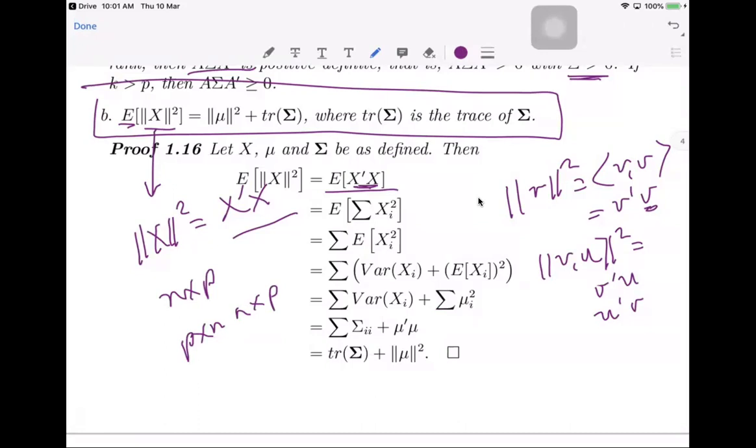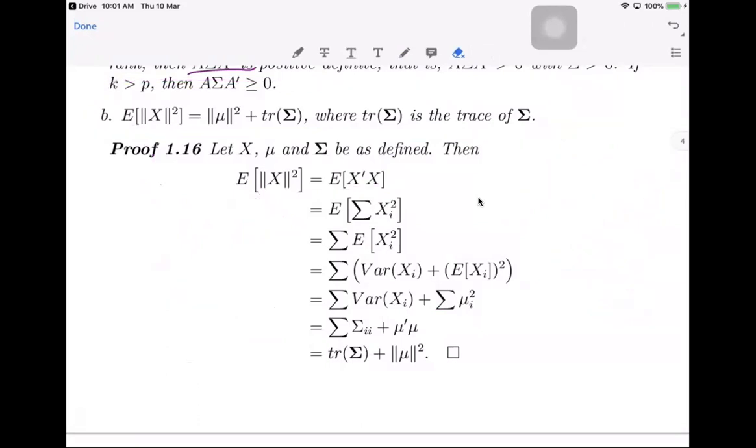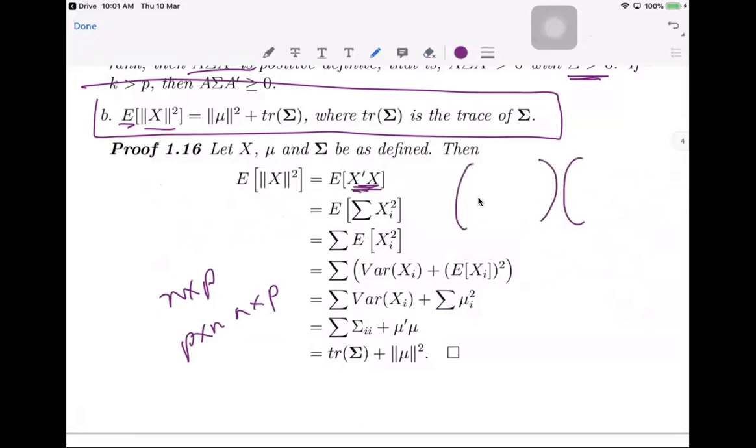If you look in detail at the entries of your X and try to compute X prime X, the rows of X become the columns of X prime.